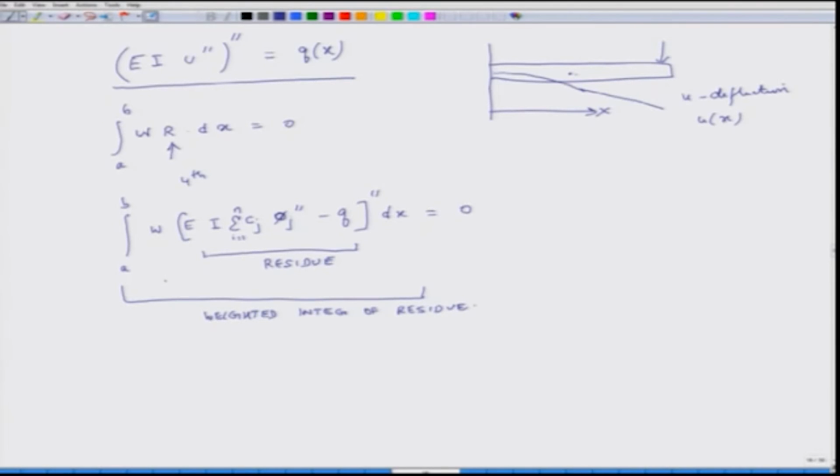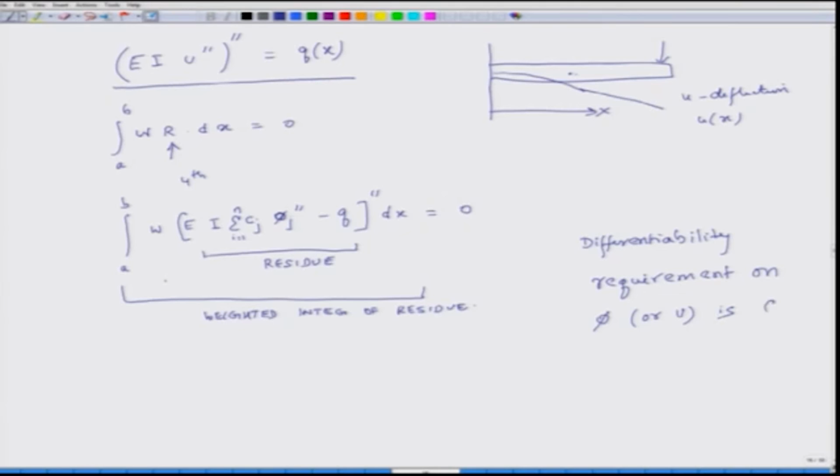So, in this case, differentiability requirement on phi, or I can also call u, because u is a function of phi, right, is what?